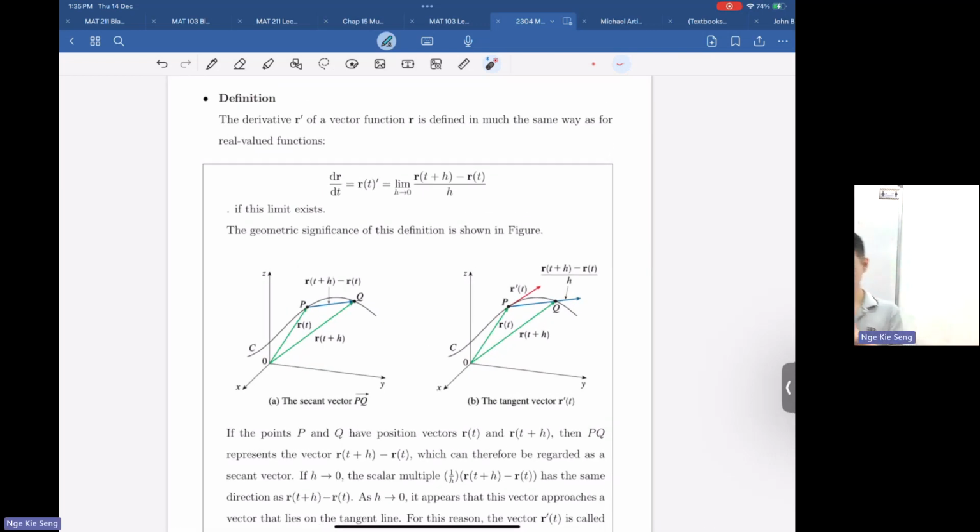Does it make sense? Take the limit between vectors, what do you get? You get another vector, right? Sure, a resultant vector, but the tangent is a vector, a tangent vector.